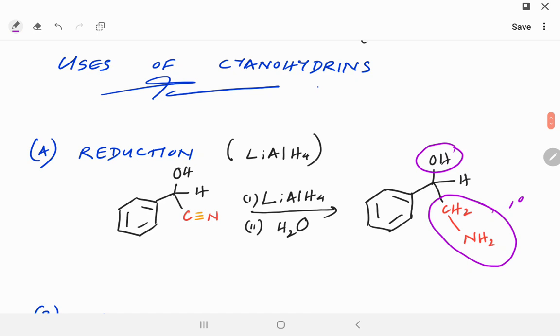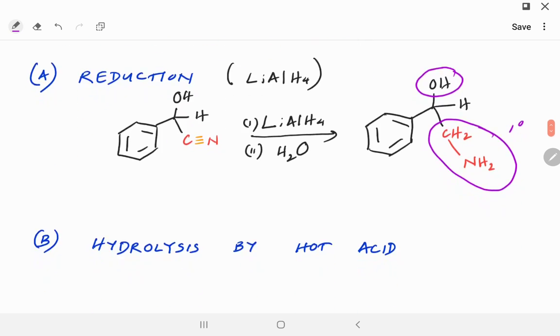Maybe you will later on change the group into an alkyl halide and maybe do some other reactions. So this basically gives you a lot of opportunities, right? So if you want to generate a primary amine out of almost nothing, this is a really good reaction. So keep that in mind. This has some very good advantages.